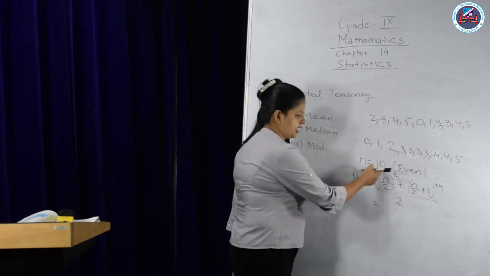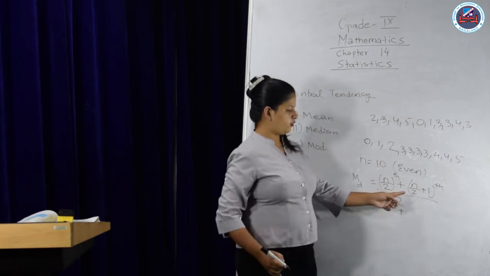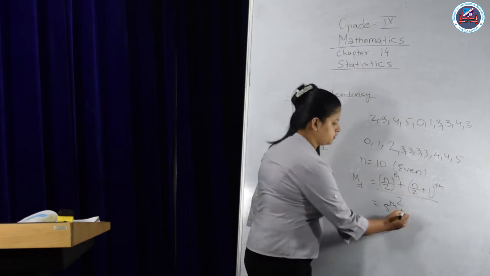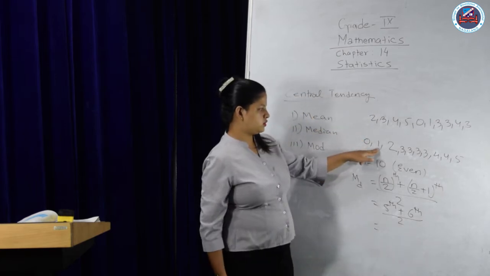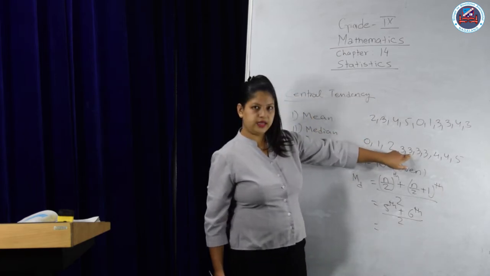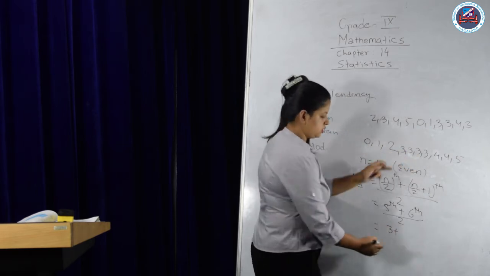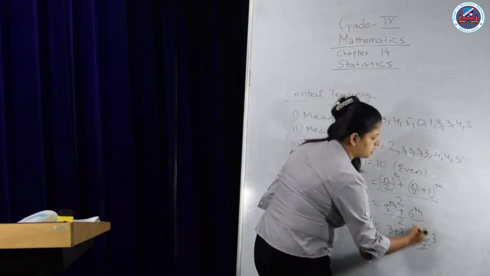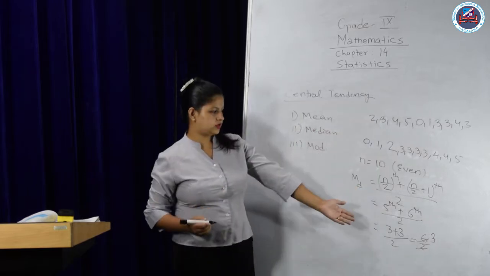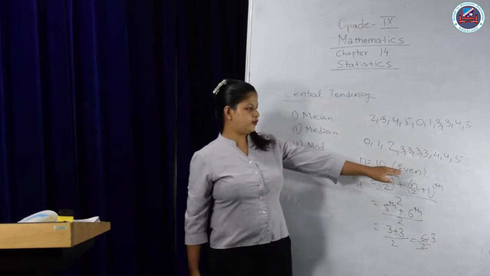So n is 10, 10 by 2, the 5th term, and 5th plus 1, the 6th term, divided by 2. So the 5th term is here, 1, 2, 3, 4, 5. That is 3. And the next term is also 3. Divide by 2. 3 plus 3, 6. 6 by 2 is 3. So that means the middlemost term or median is 3 for this case. So that is how we do it for even.